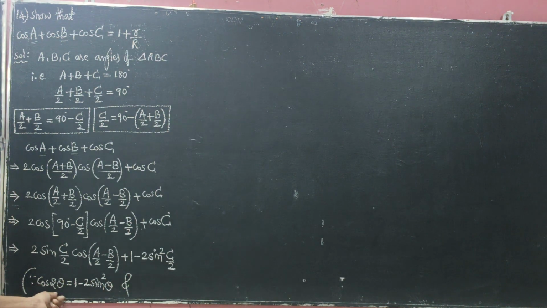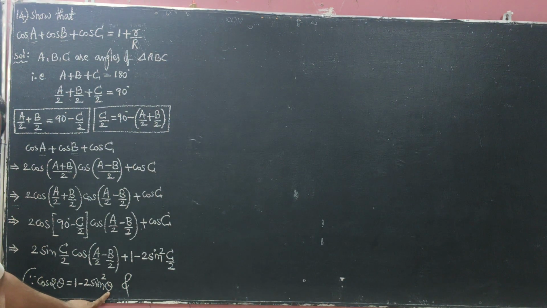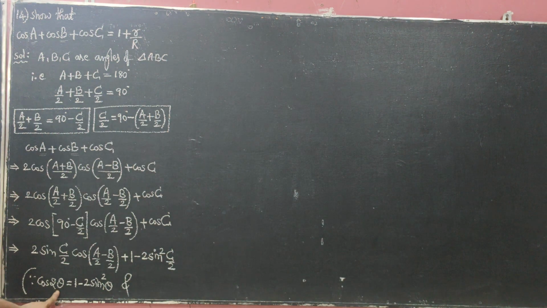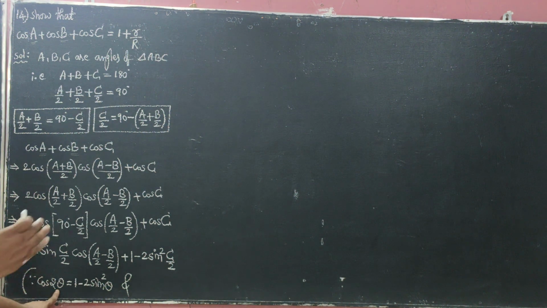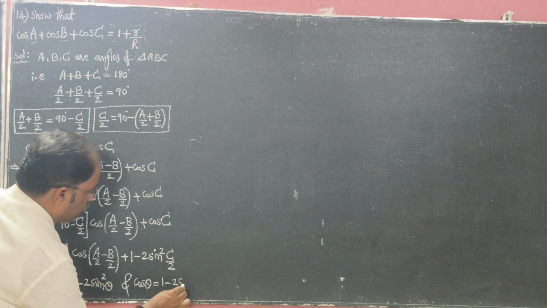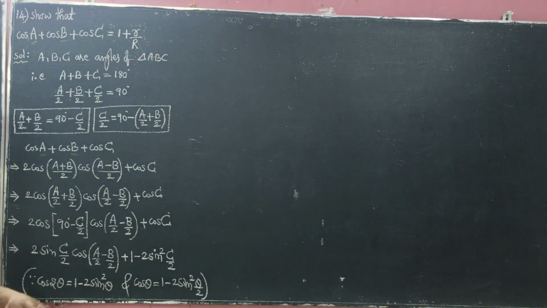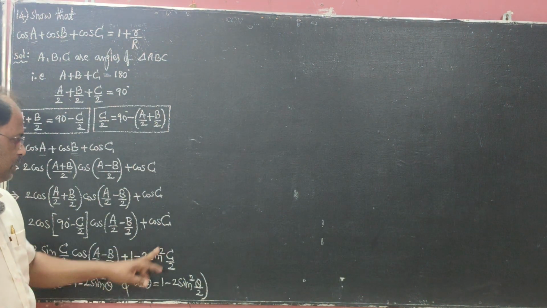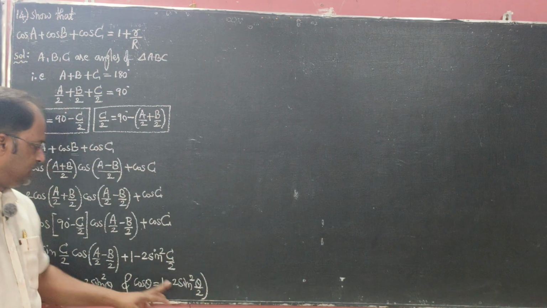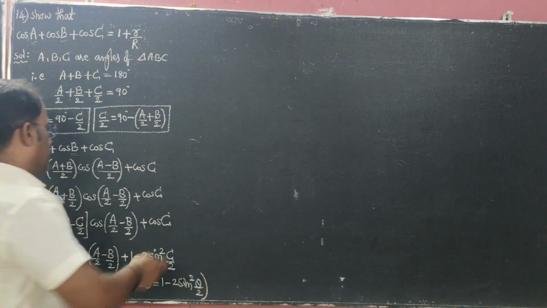If 2 theta is there, we write 1 theta; 4 theta, we write 2 theta; 6 theta, 3 theta. But if theta is there, its half is theta by 2. So cos theta equals 1 minus 2 sin square theta by 2. These are the formulas, where theta means C.